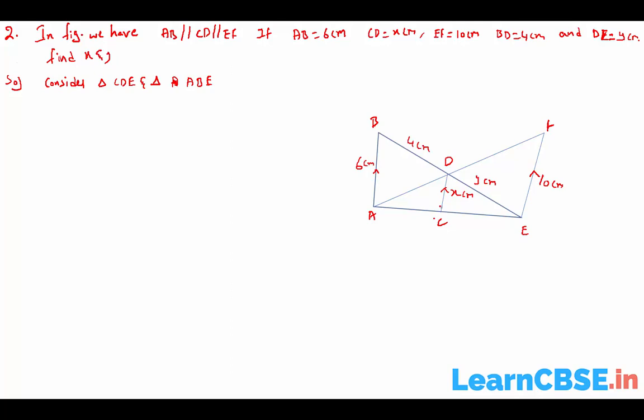Angle E is common in both triangles, and AB and CD are parallel, so these two angles are equal, corresponding, and these two angles are equal, corresponding. So by AA criterion, triangle CDE is similar to triangle ABE.